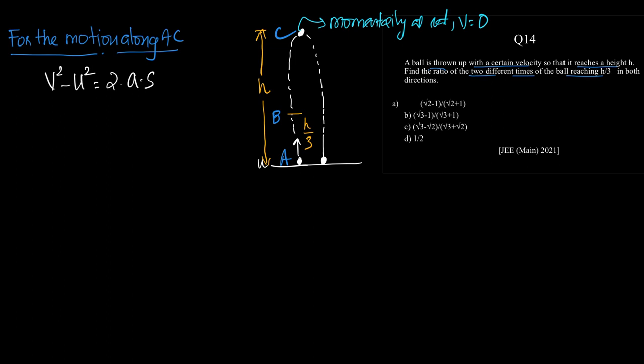So for AB, initial velocity is u, and final velocity v is equal to 0.